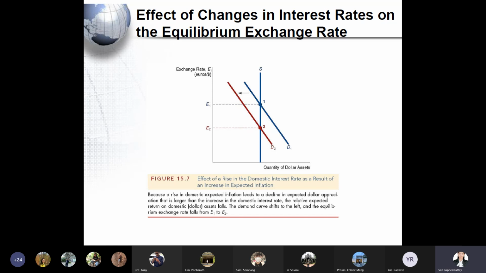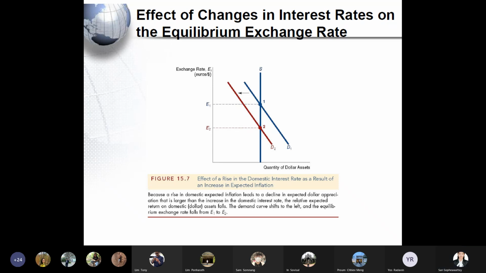And this analysis is actually related to the Fisher equation, the nominal interest rate and the real interest rate. So the Fisher equation says the nominal interest rate i equals the real interest rate plus expected inflation.